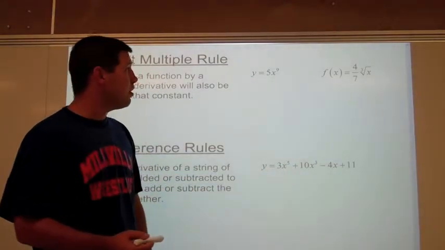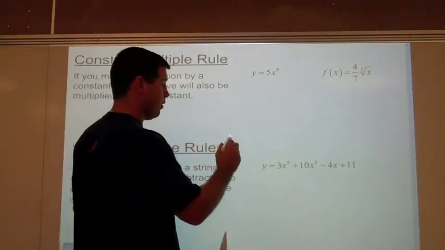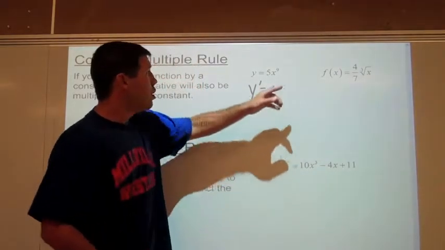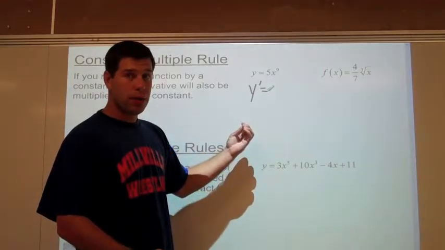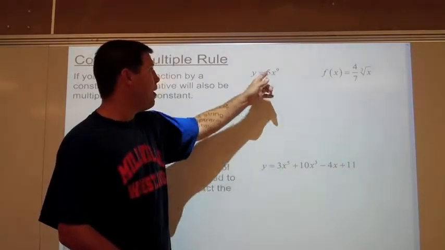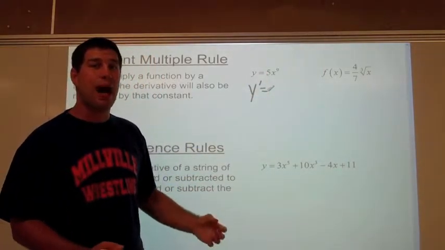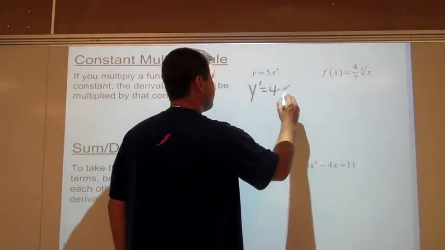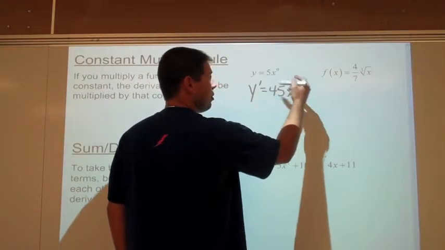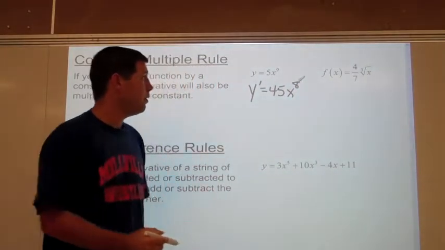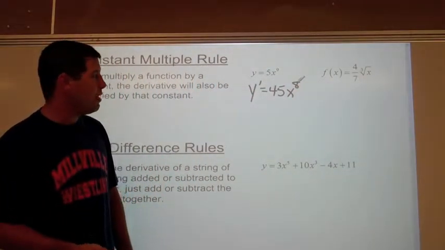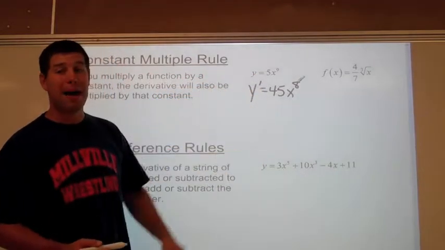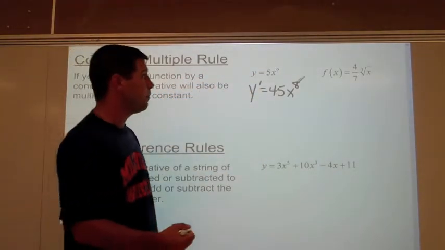So if y equals 5 times x to the 9th, y prime is going to equal, you still bring that power down, just using the power rule, but you also multiply it by that 5, that constant already out front. So this is going to equal 45 x to the 8th. Simple. You just multiply that constant by the derivative of that function.